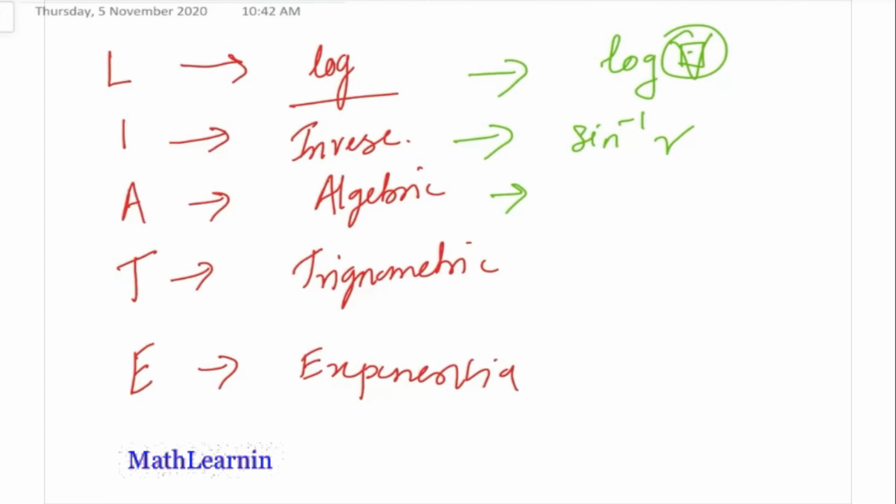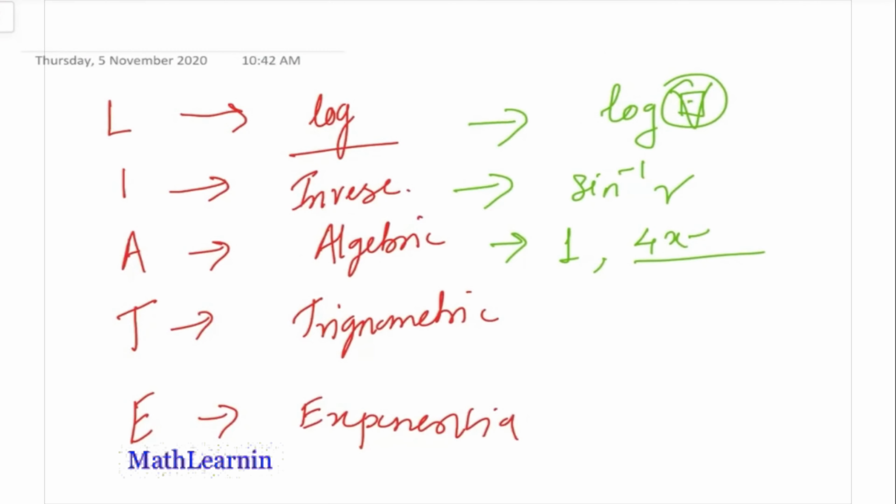Then algebraic: any examples in algebraic? Any polynomial equation, a constant function, 4x plus 3y. You see 4x plus 3y is a function, but it is a function of two variables. We are just focusing on functions of one variable because you have learned only functions of one variable, functions from x to y, where y is equal to f of x.